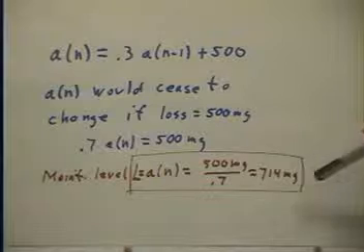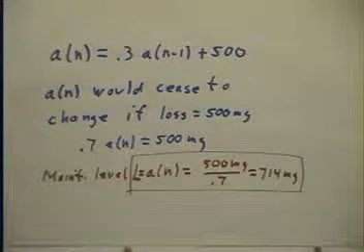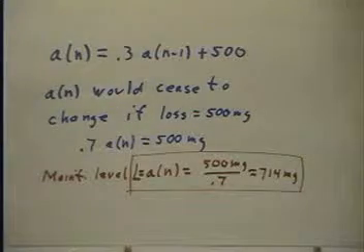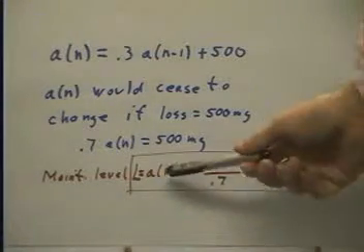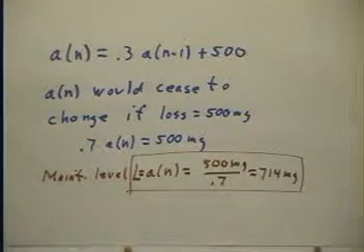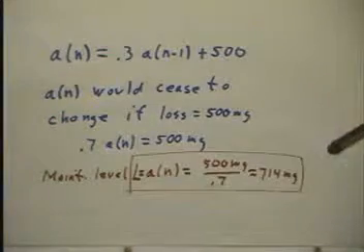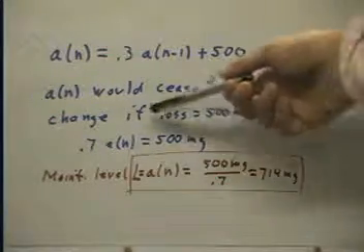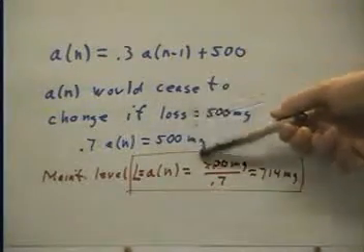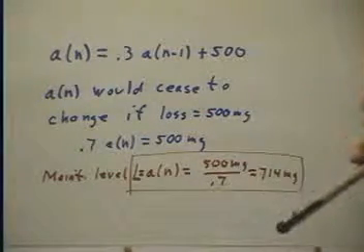But under these circumstances, if we have 714 milligrams after taking the 500 milligram dose, then we had 214 before taking the 500 milligram dose. The condition here was that the amount would cease to change, so if the maintenance level is the minimum amount, it's going to be 214 milligrams.